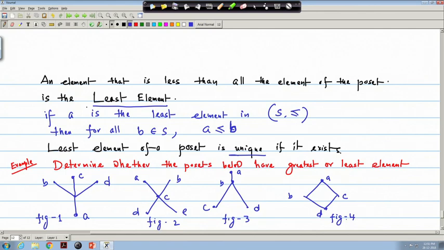Now, we see that for figure 1, it has a least element, A, because A is less than all elements of B, C, D. So, it has a least element.